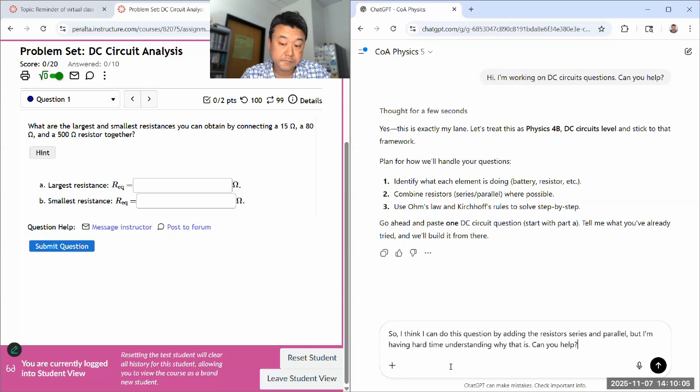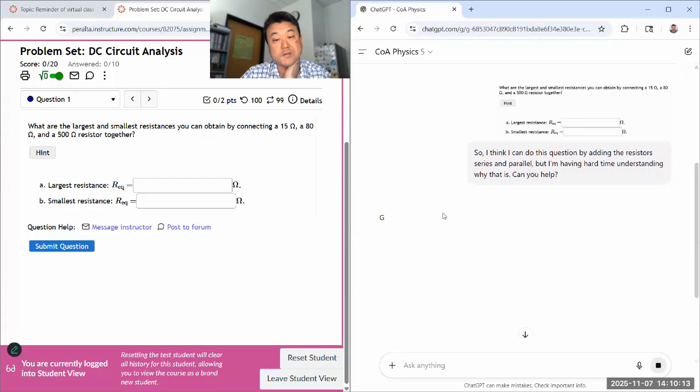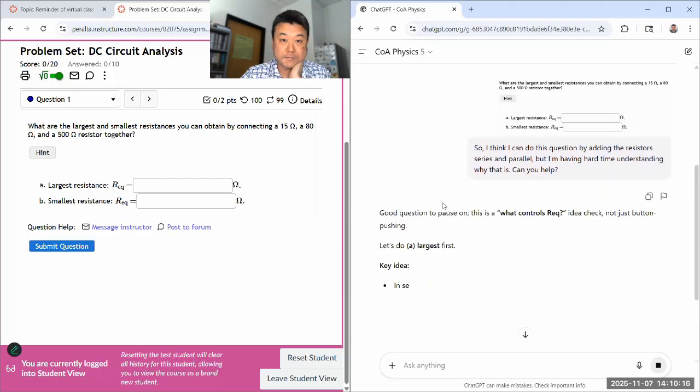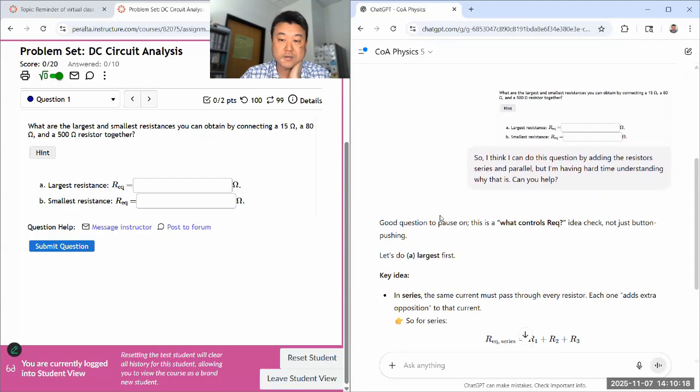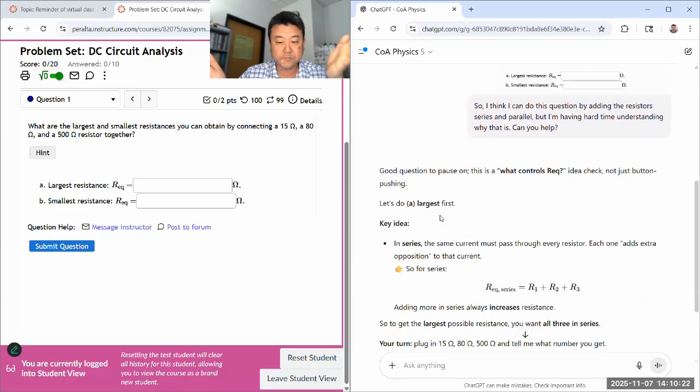Can you help? This is probably not the best kind of alpha testing, because for this kind of conceptual question, ChatGPT actually does pretty well. So unless I messed up something with my system instructions, it should give a response that's more detailed, fleshed out, and hopefully helps. Let me read it through.